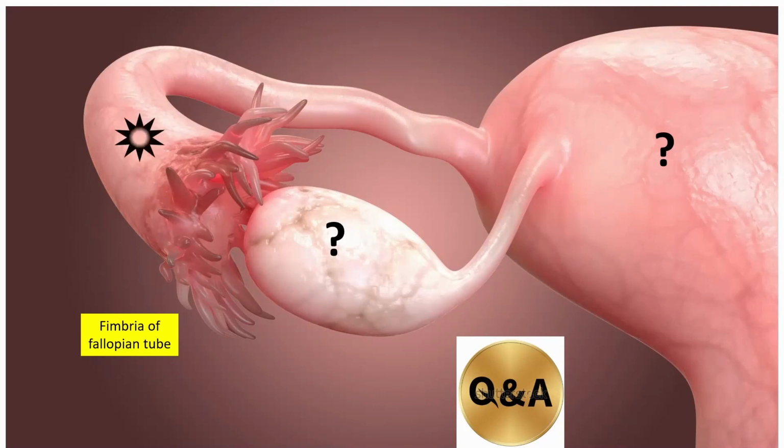After the fimbria, there is this structure of the fallopian tube, and it is called the ampulla. In this place, the ampulla, fertilization will take place. Now, you may ask, fertilization is fusion of the oocyte with the sperms. How come that the sperms reach this area? This is going to be explained later.